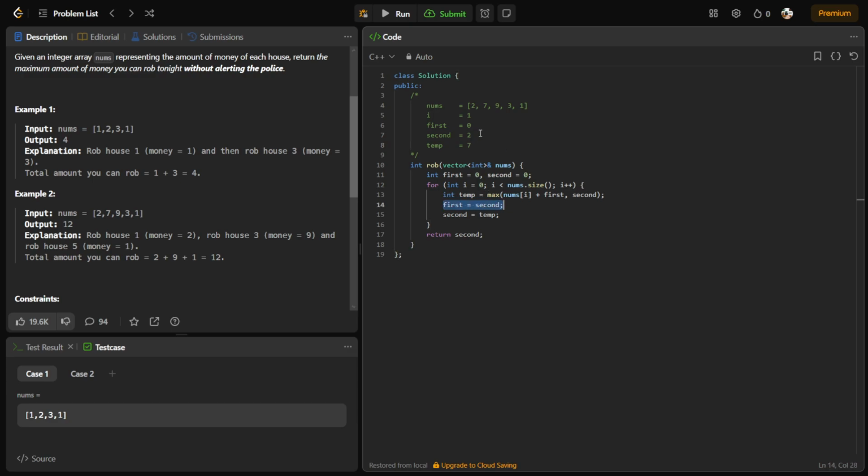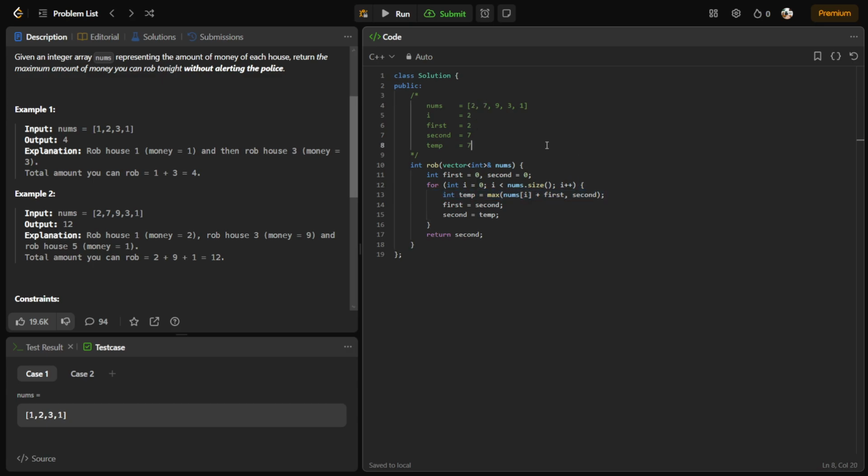I shift it around: first now becomes second, second now becomes temp. Increment i, now we are on 9. On 9, we are checking whether we want to take 9 and 2, or we just want to take 7, right?